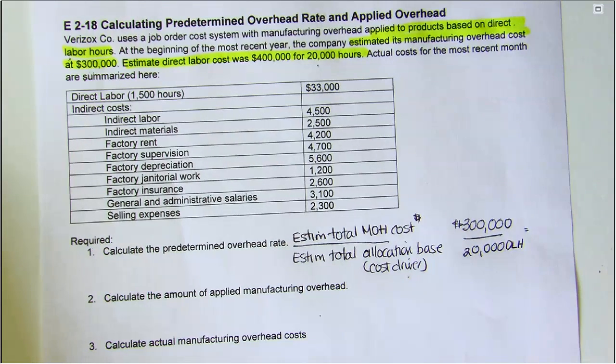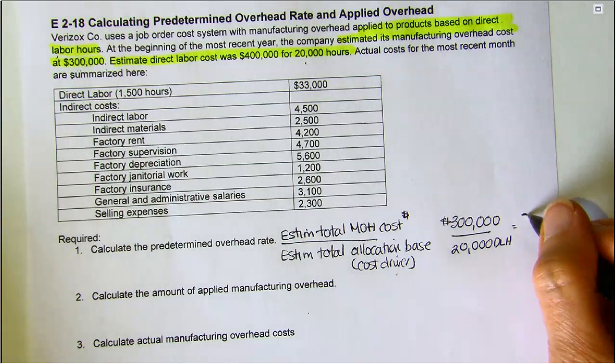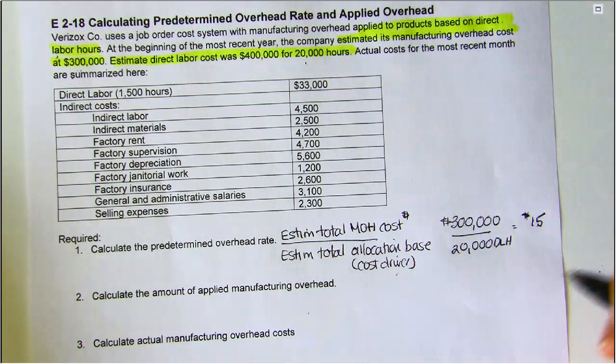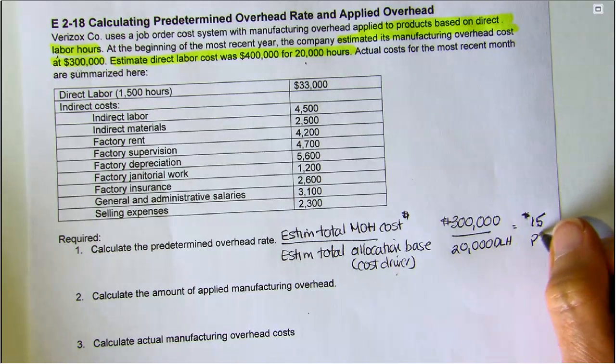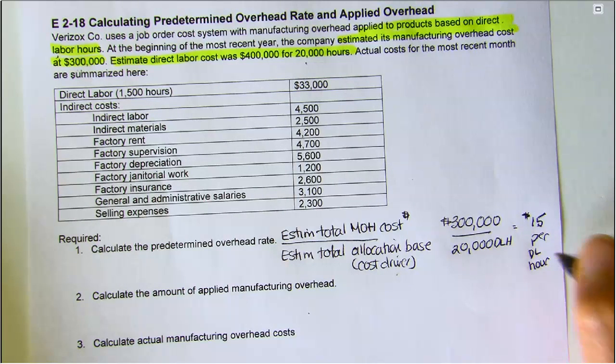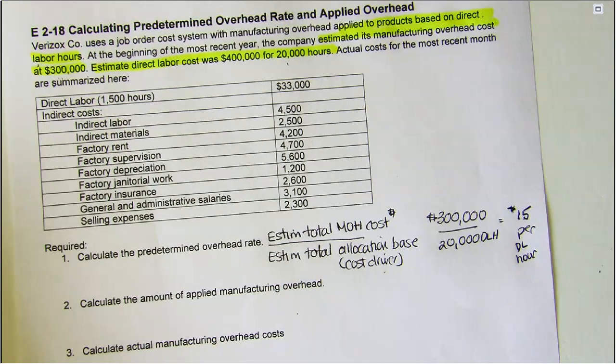When I divide, my predetermined overhead rate is $15 per direct labor hour. So I will take that rate and multiply the actual direct labor hours by that rate to apply overhead to specific jobs.